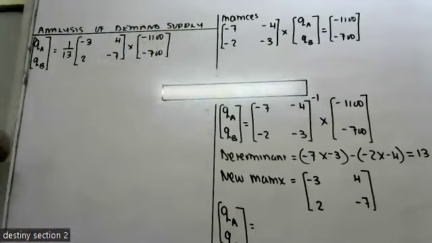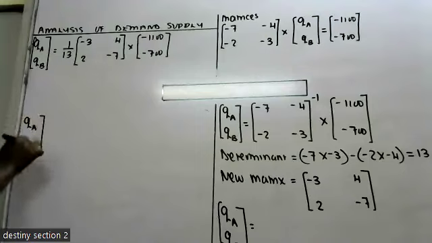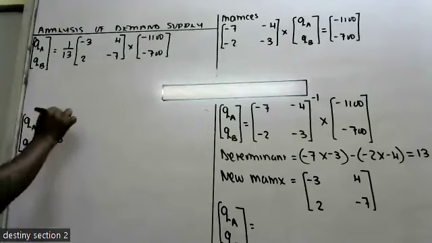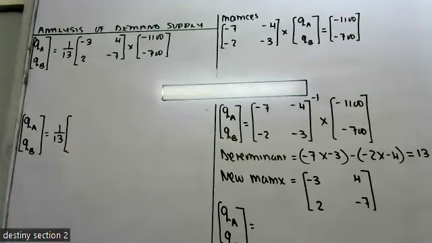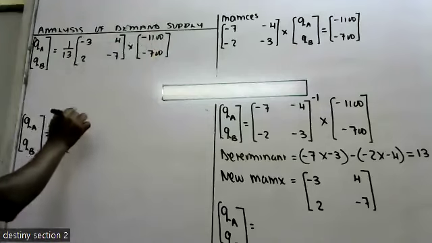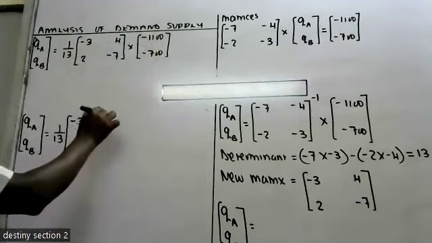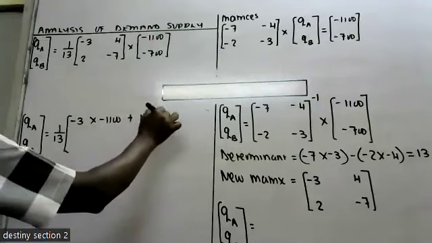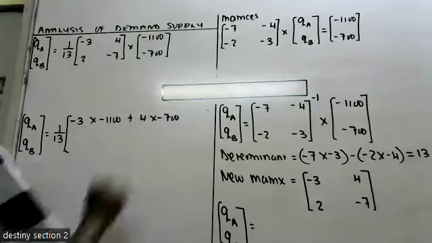So in multiplying matrices, we will then proceed and say QA and QB should be equal to 1 out of 13. I hope you remember what we said about multiplication. We take this row, multiply by this column. So it's going to be -3 times -1100 plus 4 times -700.